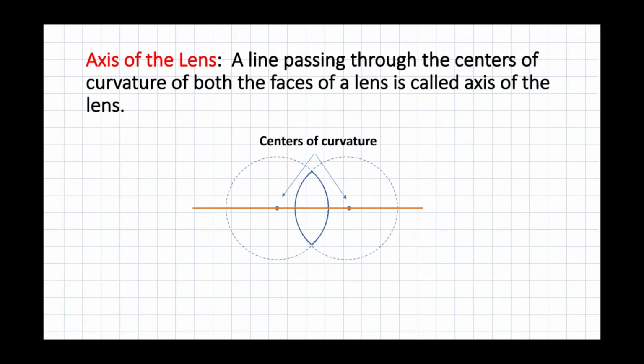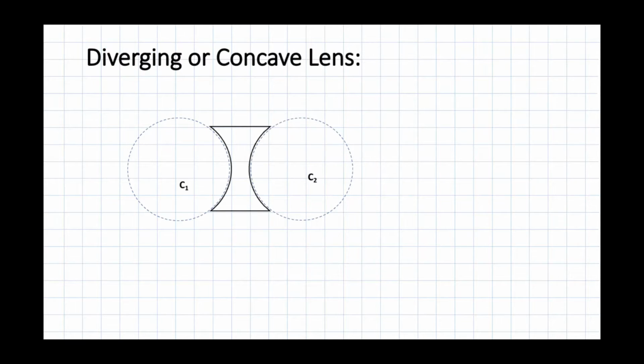And the points where it meets the first surface and second surface are called the poles of the lens. And at the center there is an optical center, that you know. So this is the axis of the lens.